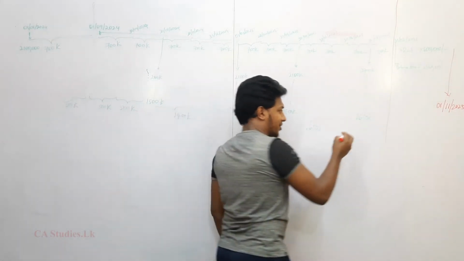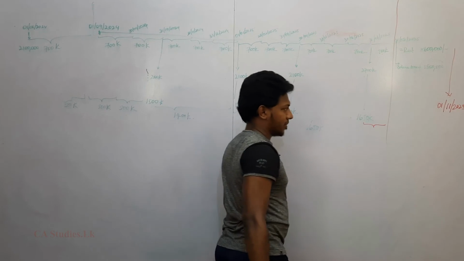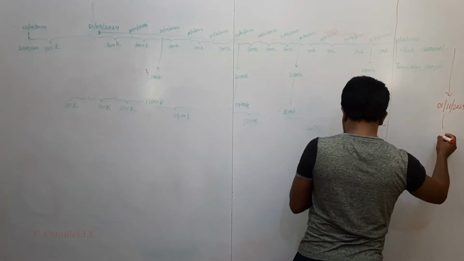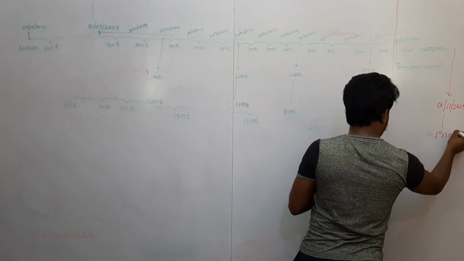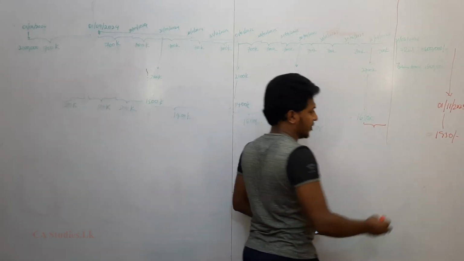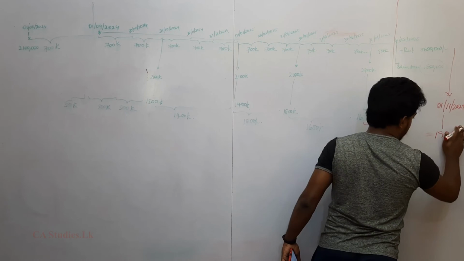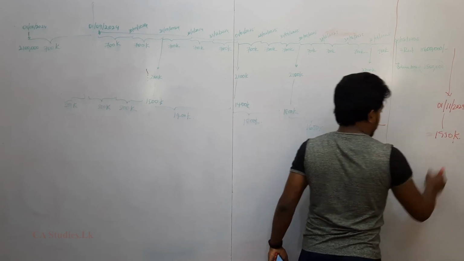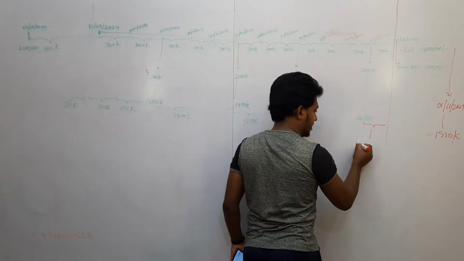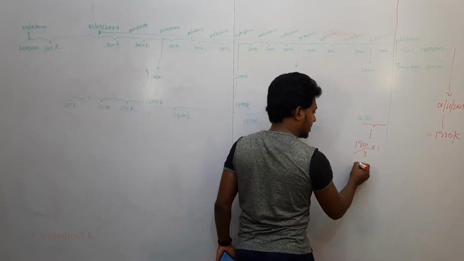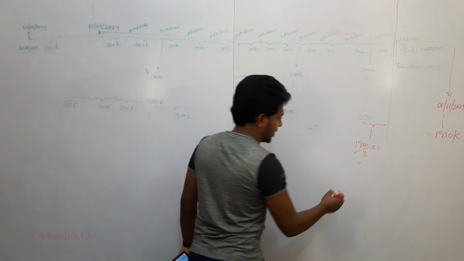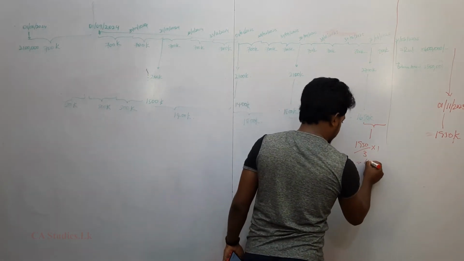For August only we have to take the expense today, right? For the November payment, for August, we are paying 1,950,000. 1,950,000 divided by 3 multiplied by 1, how much? 650,000, right? 650,000.